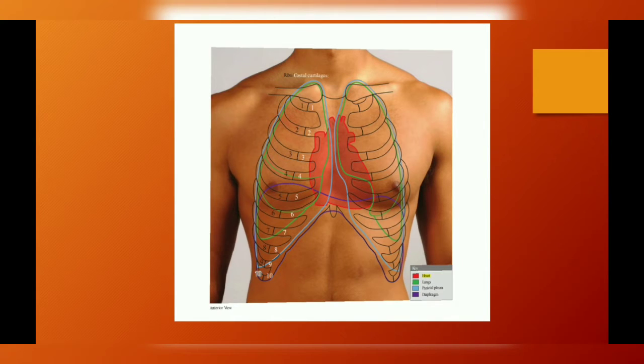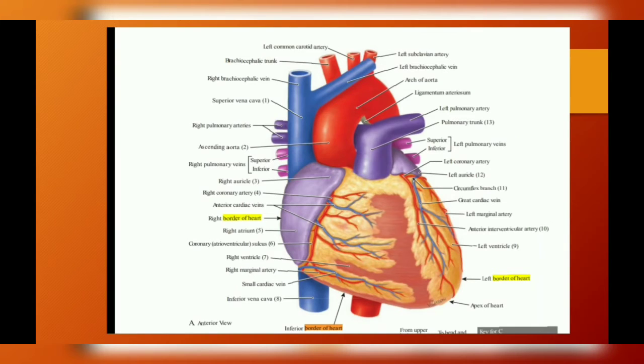This is the relation with the lungs, how it is situated. Right. You can see the first, second, third, fourth, and fifth ribs. Now let's discuss the external features.